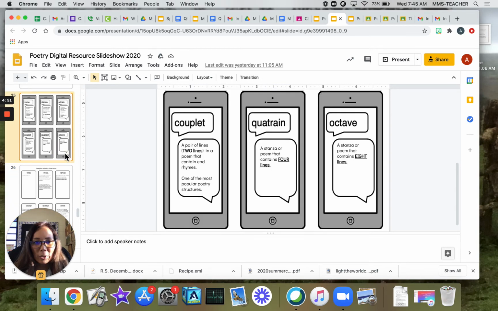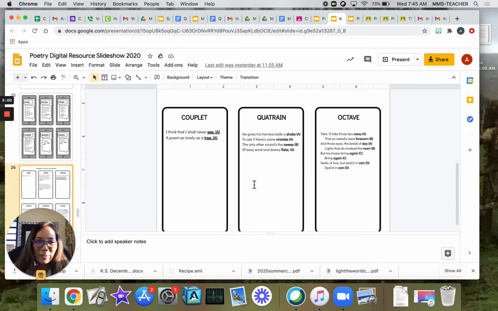Now the last term is octave. An octave is a stanza or poem that contains 8 lines. So for an octave, the example is: "Take, oh take those lips away that so sweetly were first sworn, and those eyes, the break of day, lights that do mislead the morn, but my kisses bring again, seals of love, but sealed in vain, sealed in vain."